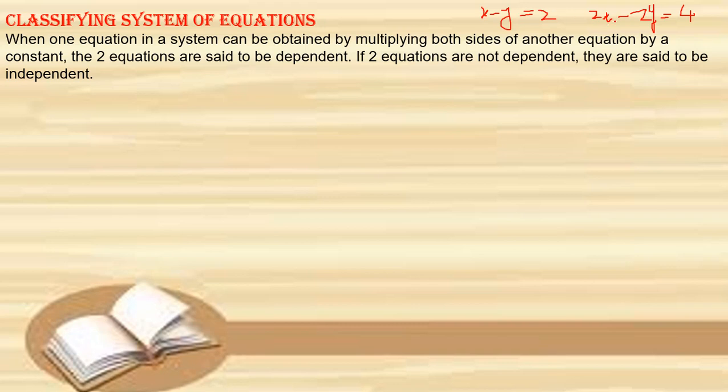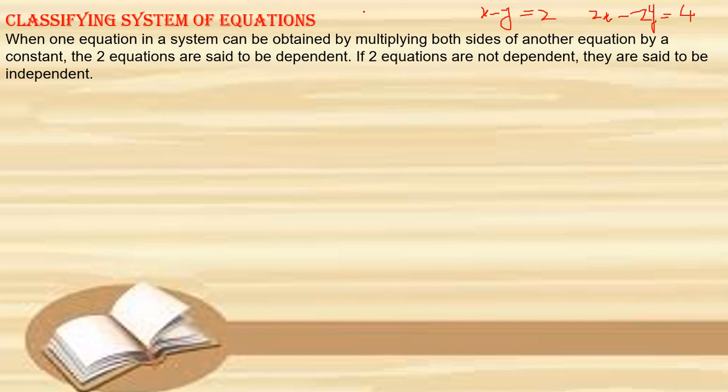That means we can say that when one equation in the pair of linear equations can be obtained by multiplying both sides of the other equation by a constant, such equations are known as dependent.